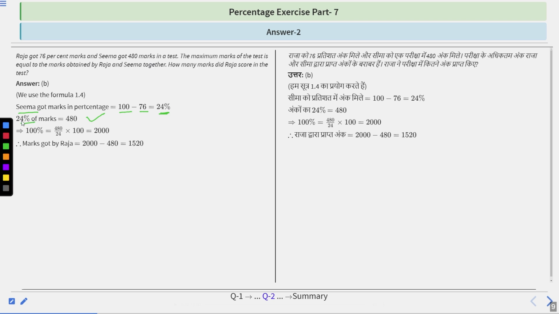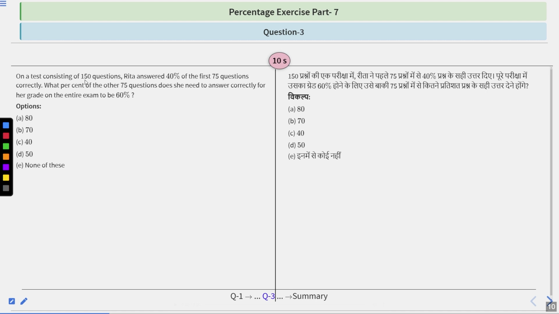So if 24% is 480, what will be 100%? 100% will be 2000. Now the question is, how many marks did Raja score in the test? The total is 2000 and 480 marks were scored by Seema. So 1520 was the right answer. Next one.